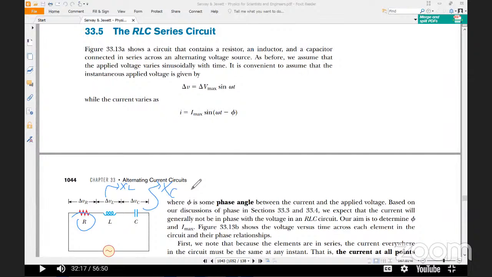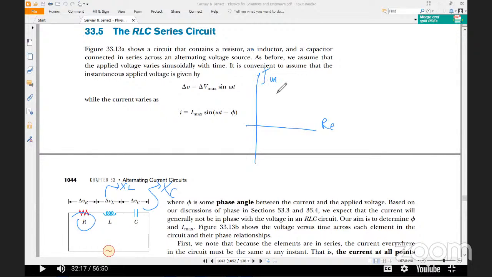So if we draw the phasor diagram, we will have this one. The horizontal axis is the real axis, and then the y-axis is the imaginary. I'm sorry, I will enlarge the graphic. The real part and the imaginary part.